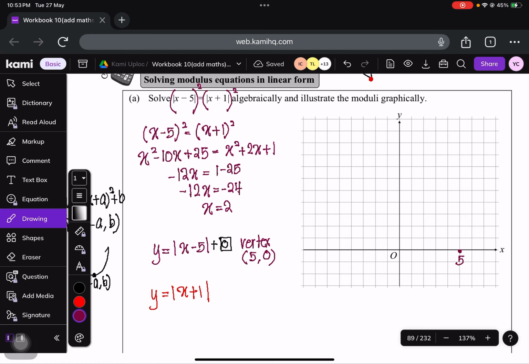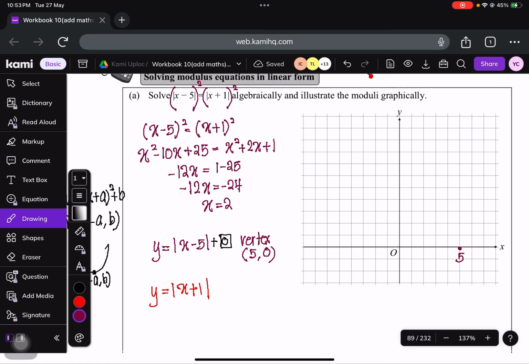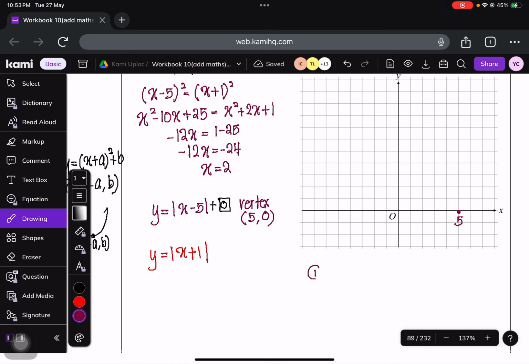Now, to draw a modulus graph, we will always choose one number on the left and one number on the right. So the first step is to identify the vertex first. Number 2, you will sub one point on the left, on the right or left doesn't matter, to the equation.